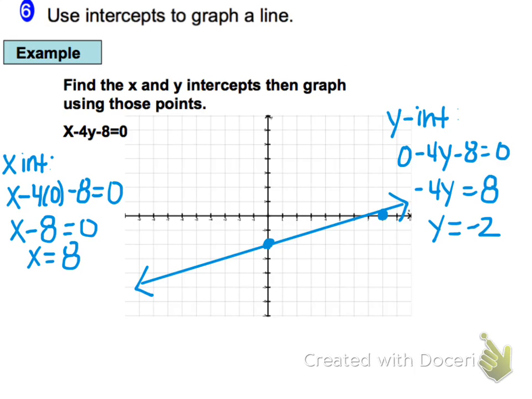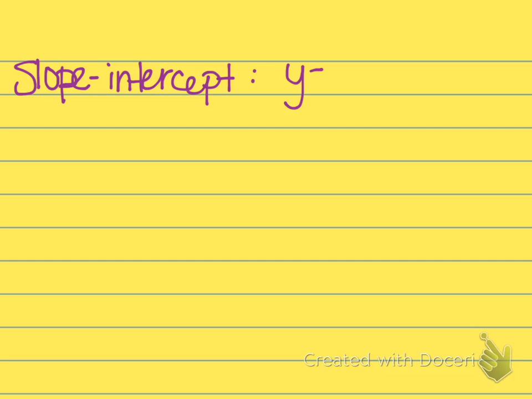Just a really quick recap on those forms we've talked about. Let's just go over those really quickly one more time. We had 3 different forms for the equation of a line. The first was slope-intercept. It's great because it gives us just what it says, the slope and the y-intercept. We have point-slope form.